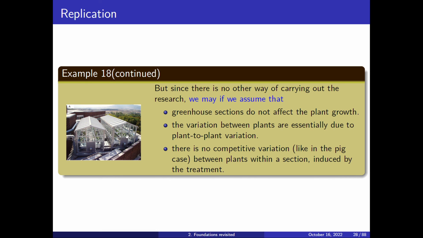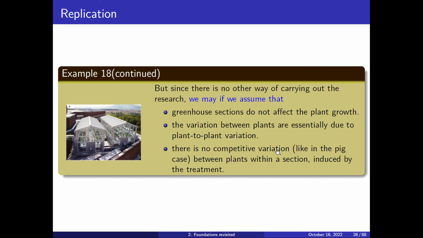So if that is not the case, that is one of the conditions. The variation between plants is essentially due to plant variation and not to anything else, like the north-south example that we have given, or having more humidity or less humidity.